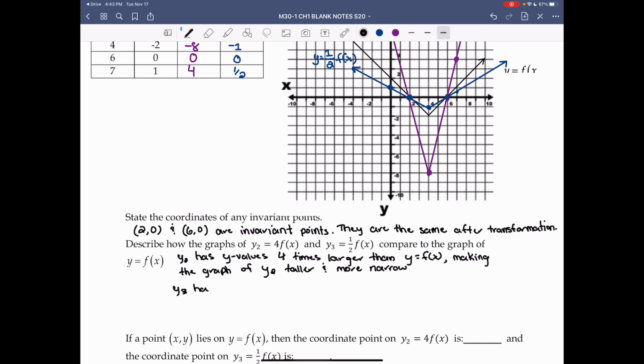y3 has y values that are 1/2 times as big as y equals f of x. Making the graph of y3 shorter and wider.